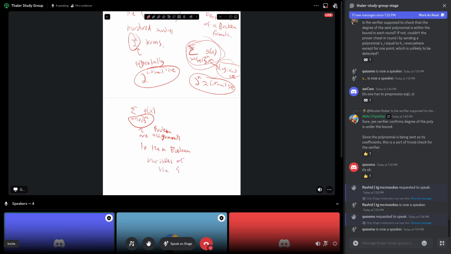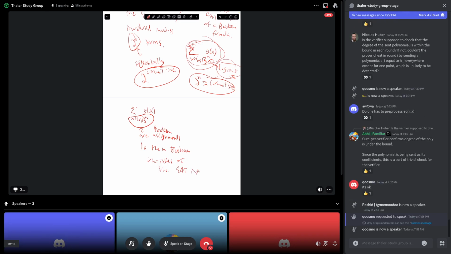And this G is some kind of low degree extension polynomial of the function computed by the formula.